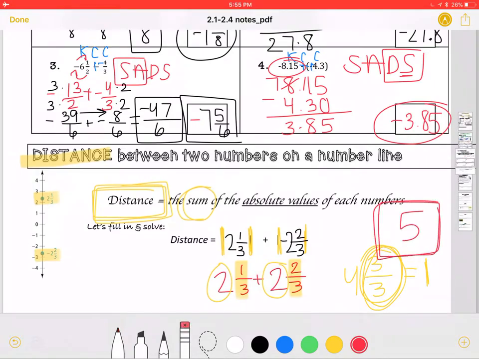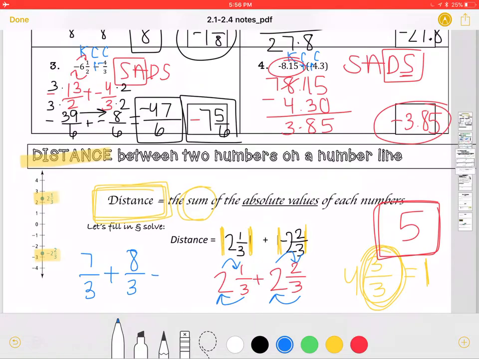Now maybe you're like, wait, what did you just do? So maybe you don't like to add them as a mixed number, so you can make them improper. 3 times 2 is 6, plus 1 is 7. Plus, let's do this one, 3 times 2 is 6, plus 2 is 8.